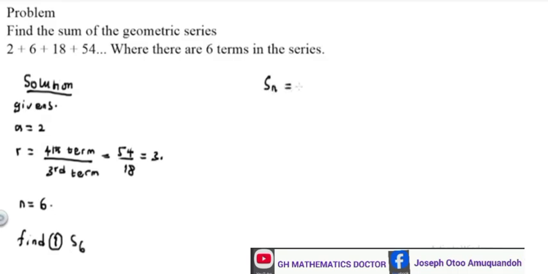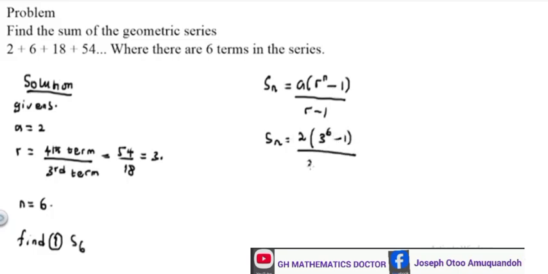So apply the formula first, then we substitute our numbers in place of the formula and get our exact value. So follow what we have on the screen. We have your a, you have your r, you have your n. Substitute accordingly in the formula and reduce your expression to the lowest term.